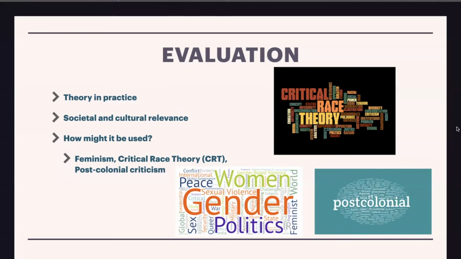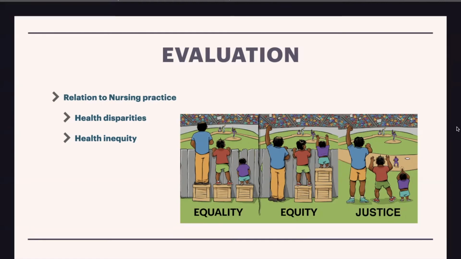This theory is relevant socially and across different cultural settings and can be used in a lot of postmodernism theories such as feminism, critical race theory, as I've mentioned before, and post-colonial criticism. In relation to nursing practice, critical social theory is really evident when discussing health disparities and health inequity.